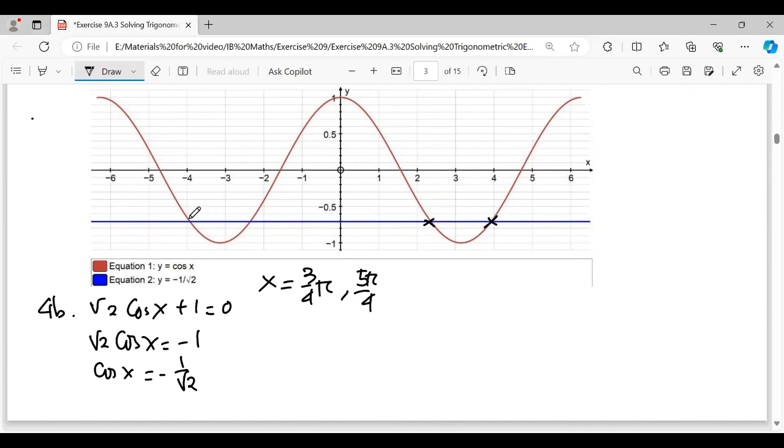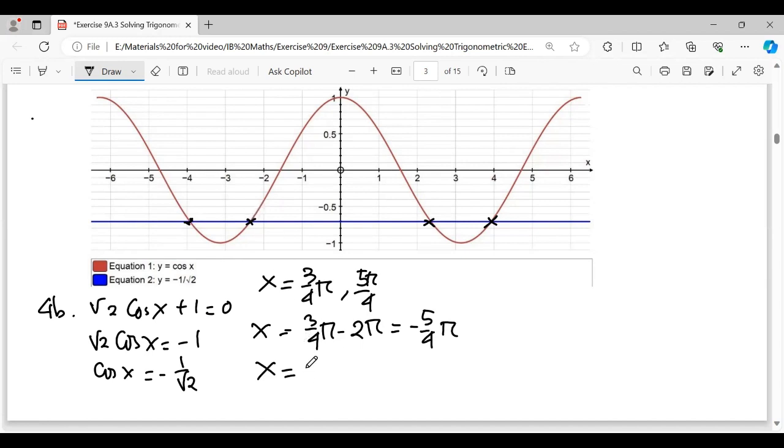How are we going to find this intersection and this intersection point as well? So this one is x equals 3/4 pi minus 2 pi. 8 minus 3, negative 5/4 pi.